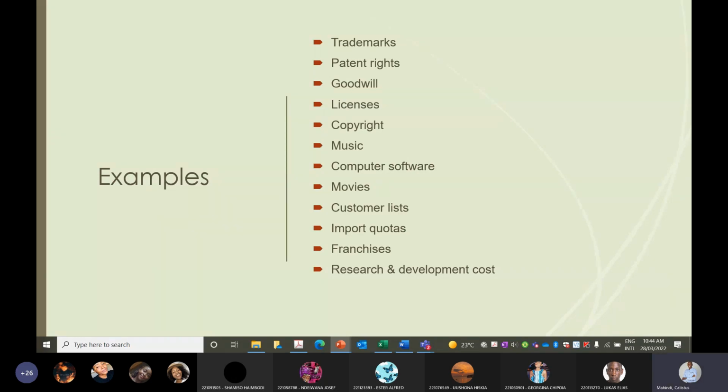For instance, a patent. Can someone explain what a patent is? What's a patent? I'm waiting.